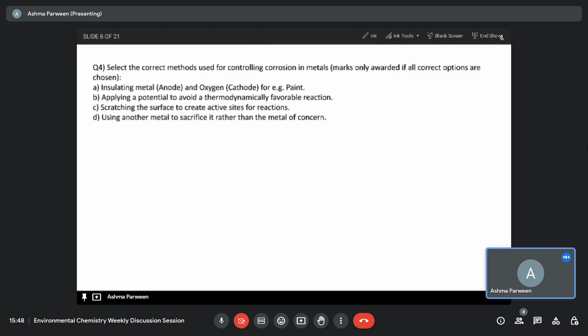So we have to find out which of these options are used for controlling corrosion in metal. I'll give you 5 minutes. Just go through it and write the correct options in the chat box, because there may be more than one correct option.